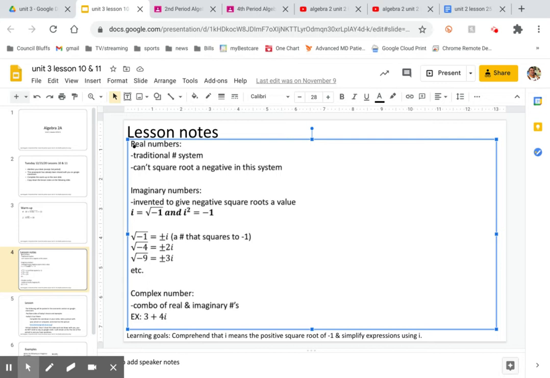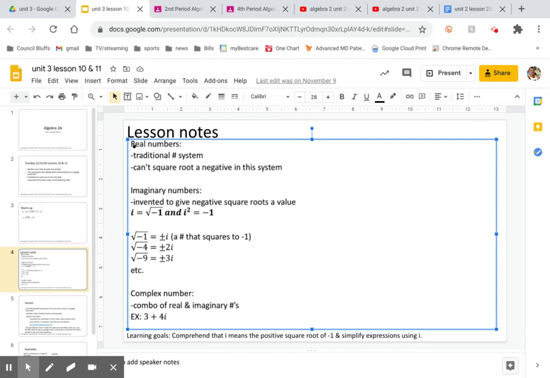Essentially what that means is that when we have negative square roots, we'll treat them in the imaginary number system like they were positive square roots, except we tack on an i at the end. For example, the square root of -1: if it were the square root of +1, we would say that the answer is positive and negative 1. Well, in the imaginary number system, the square root of -1 is positive and negative i.